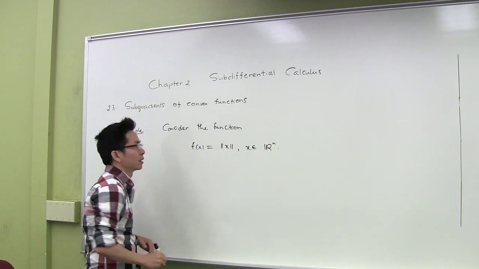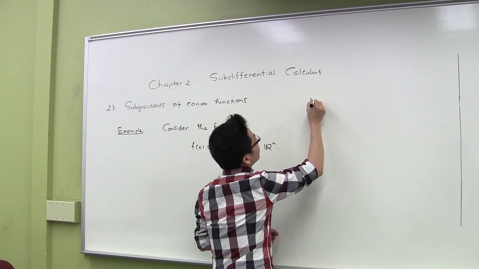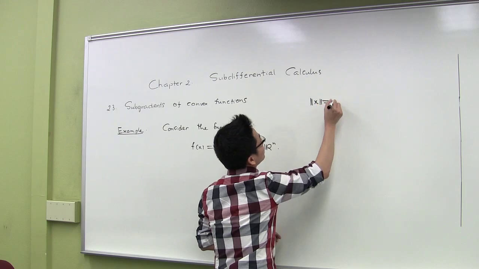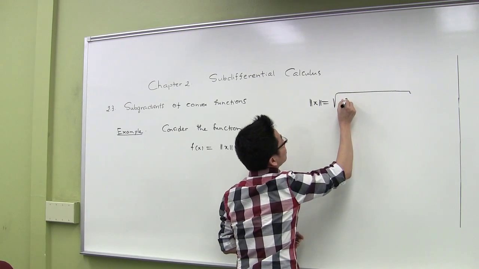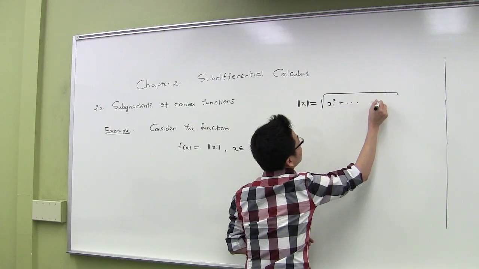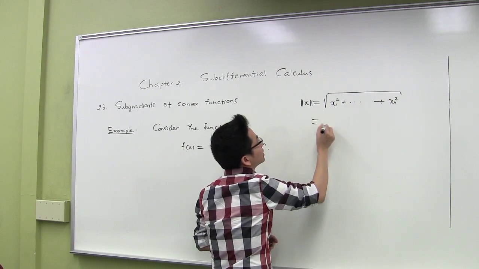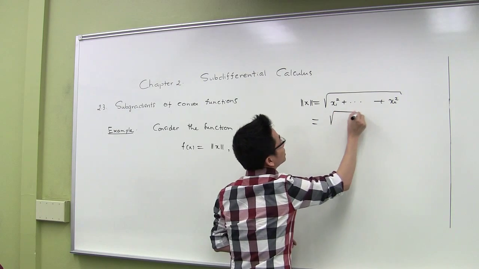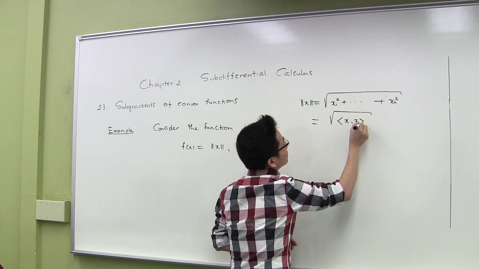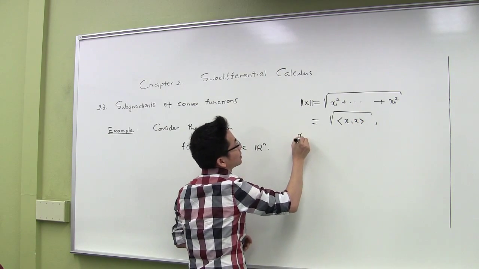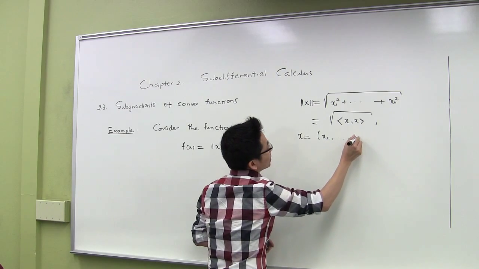Recall that the Euclidean norm of x is given by the square root of x1 squared plus so on plus xn squared, which is the same as the square root of the inner product of x with itself. Here x is the vector x1, ..., xn.